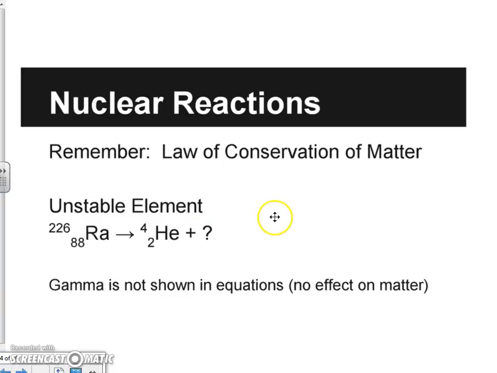But remember, law of conservation of matter, so this side must equal this side. We look and, okay, well, we end up with 222 up top, 86 on bottom. Well, if you look, top's equal 226, bottom's equal 88, and again, gamma not shown.